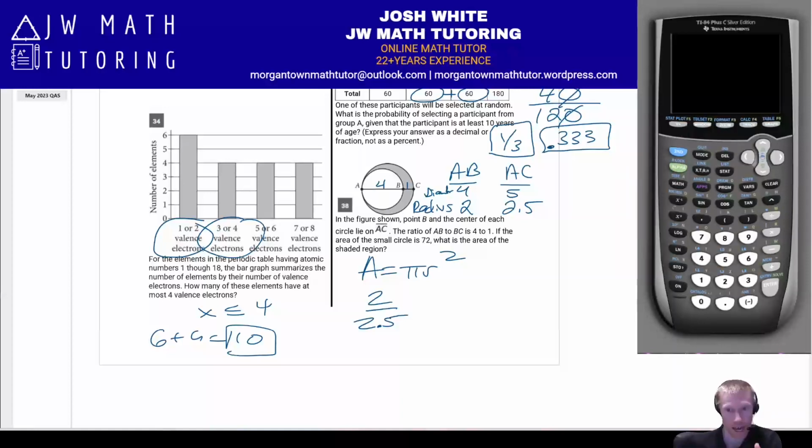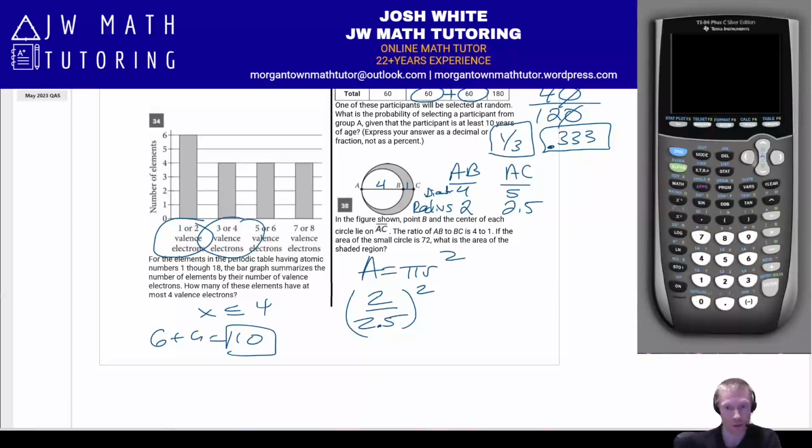When we compare that to the area, we have to take this ratio and square it, because in the area formula, the radius is squared. So the radius of one circle to the radius of another is 2 to 2.5, or you could also think of it as 4 to 5. It's basically 0.8 to 1.